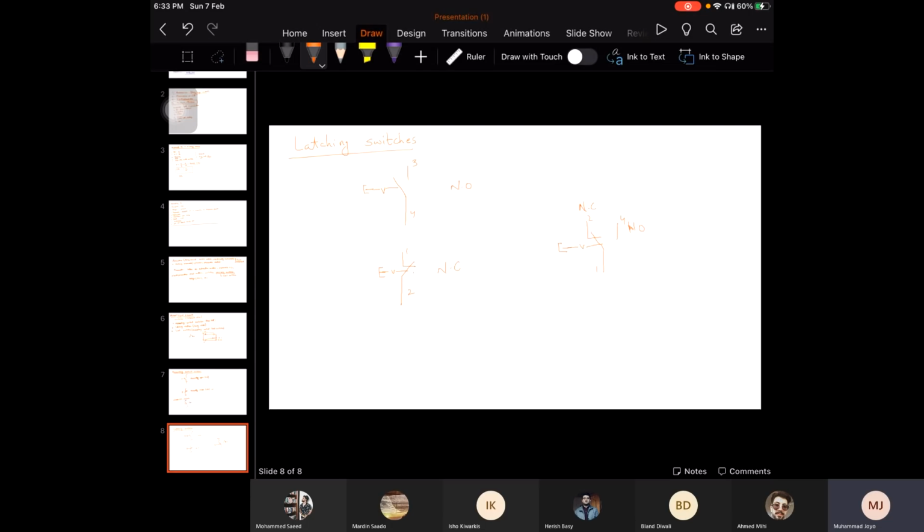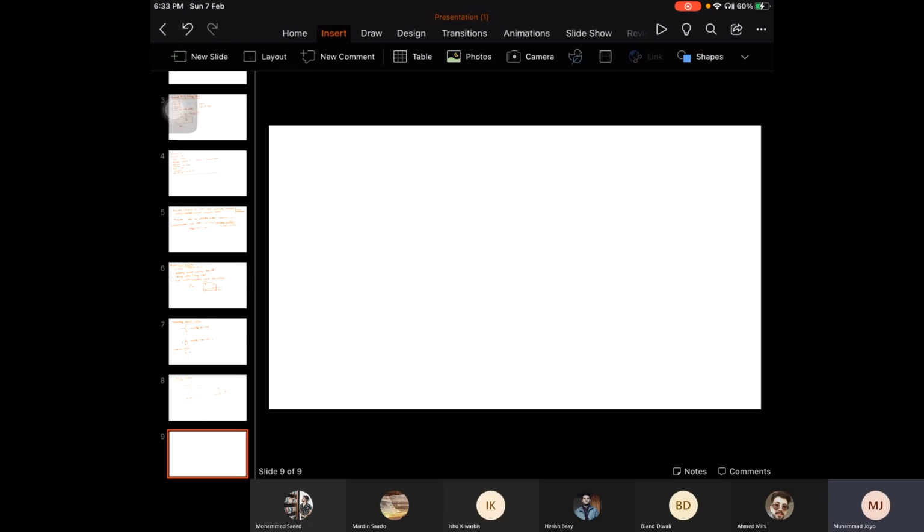Then we also discussed the limit switches, how we are going to represent limit switches in our systems schematically. Okay, the schematic representation of a limit switch is like this.